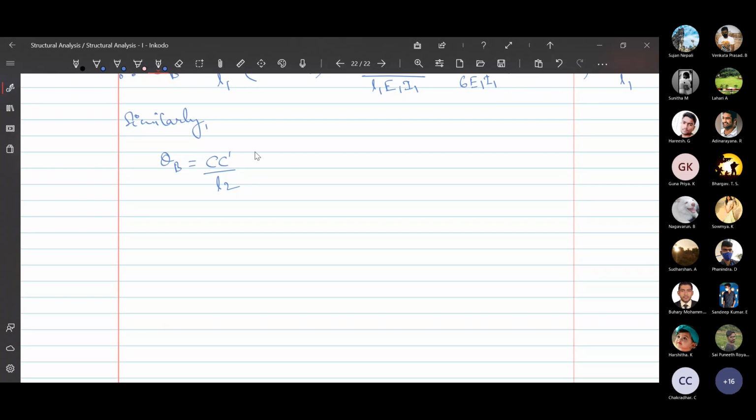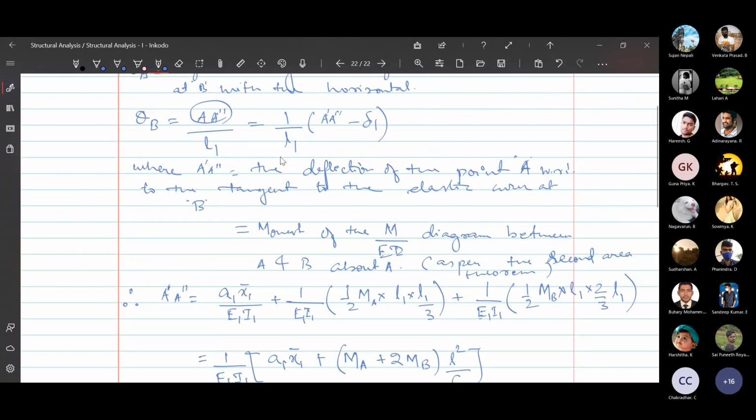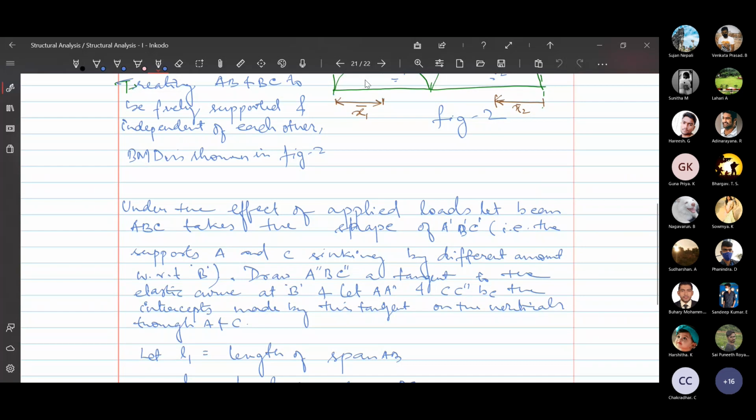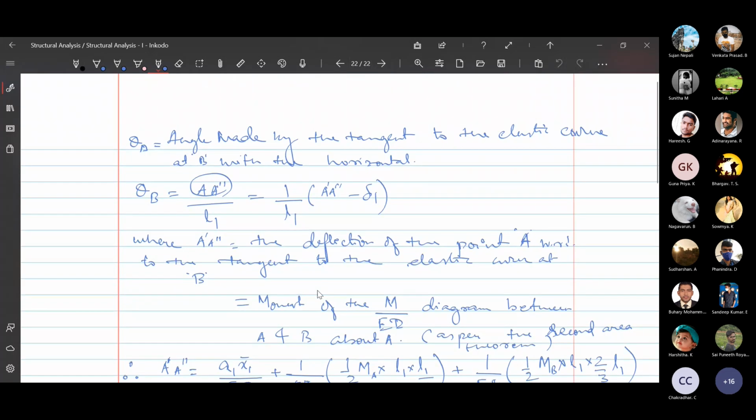Again, this CC dash will be, sorry, CC double dash. My mistake. This is CC double dash.